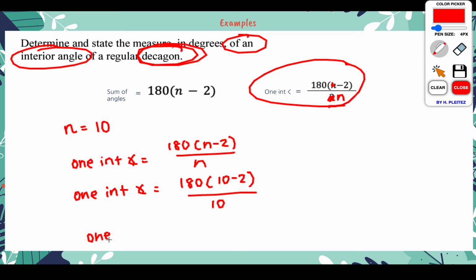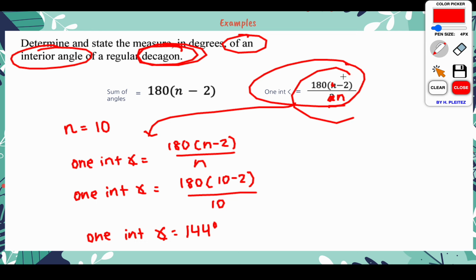And if you did that in your calculator, you would get that 1 interior angle equals 144 degrees. And remember, see how I rewrote the entire formula out? If you were just using this side of the formula, you might get confused, but that's why I like to write 1 interior angle equals, and then I'll be able to figure out what to substitute.